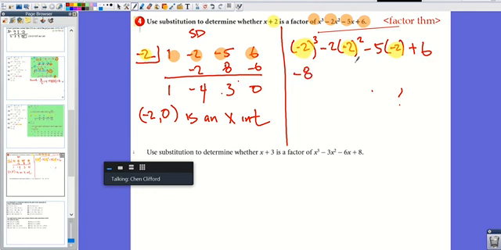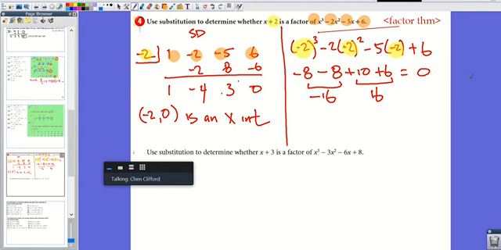Put it in your calculator exactly how you see it on this line. This becomes -8 minus 8, because this becomes +4 times -2 is -8. Plus 10 plus 6, this becomes -16. This becomes +16, and you end up getting 0.